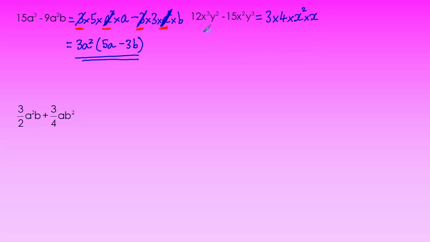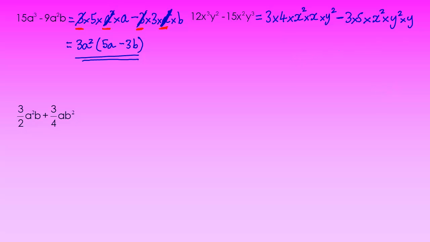And I'm going to do the y as just y squared. And then we've got a minus sign, and then the 15, we'll do that as 3 times 5. The x squared just stays as x squared. And the y cubed I'm going to write as y squared times y.